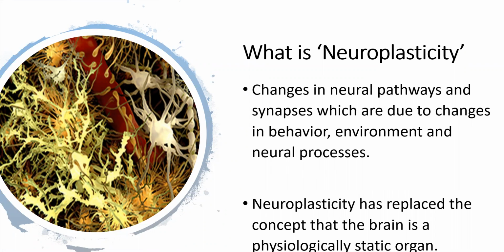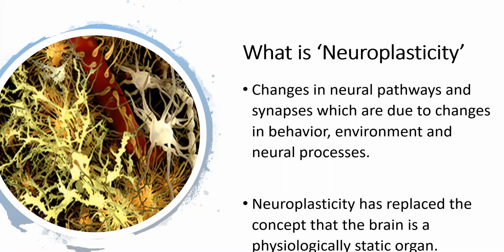Well, that's not true. We now know that the brain is very fluid. The term used is neuroplasticity. And these changes in neural pathways and connections, the synapses, are due to changes in behavior, environment, and various processes.